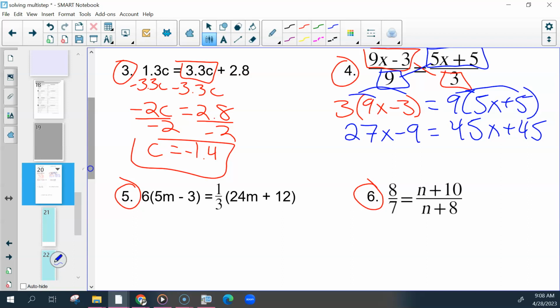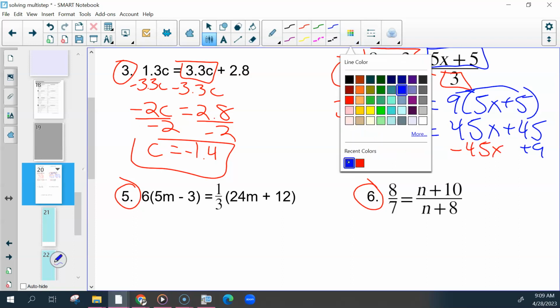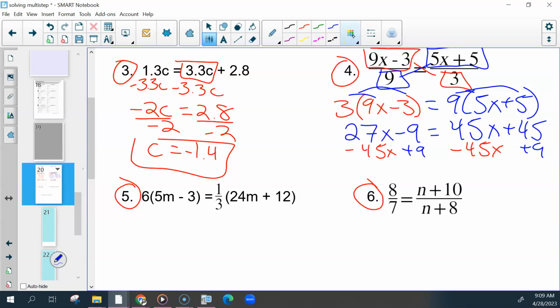Add 9. Okay. So we would be adding 9 to this 45. And then you can also do the next step at the same time. Get rid of this 45 because it has to be on the opposite side by subtracting. 27 minus 45 would give us what?